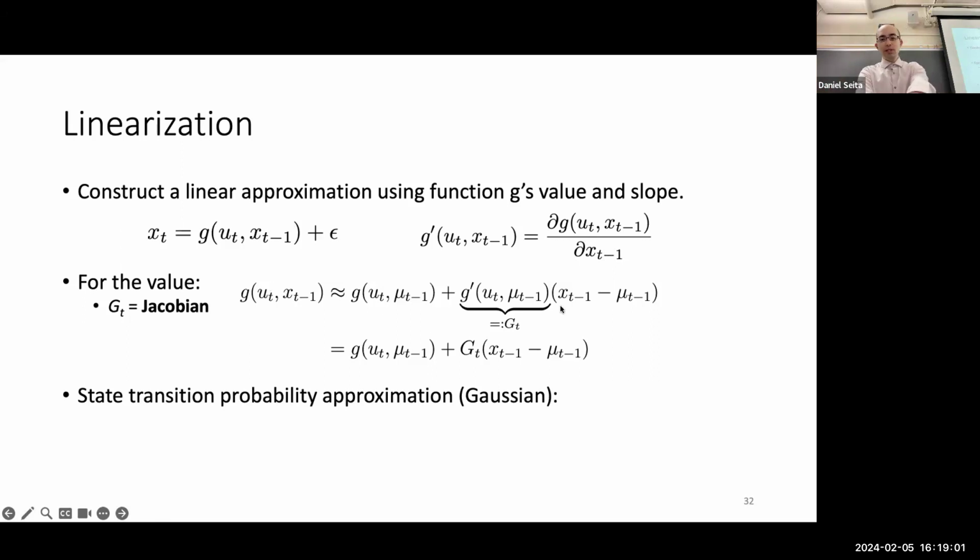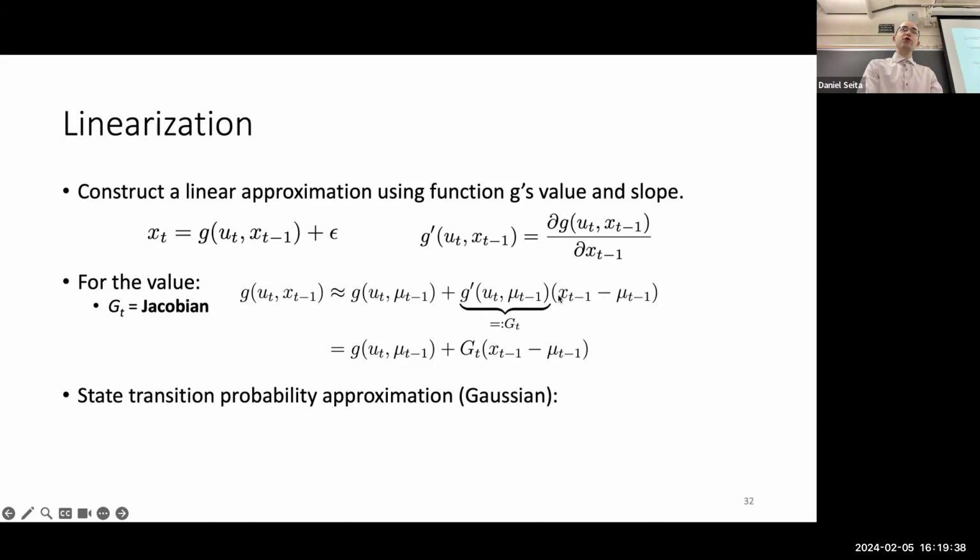If you look at what's going on here, this is basically our linearization. You have g of our standard input, which is approximately g centered at the mean. Again, if you look carefully, it's u_t and mu_{t-1}, the mean state from the prior time step, multiplied by this Jacobian matrix.